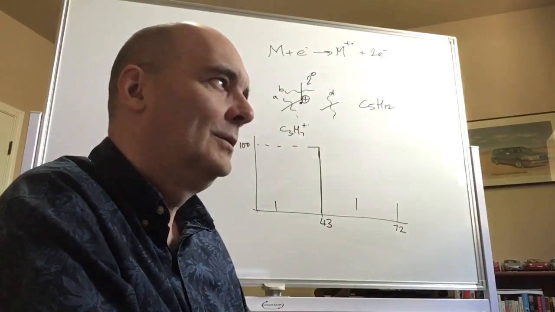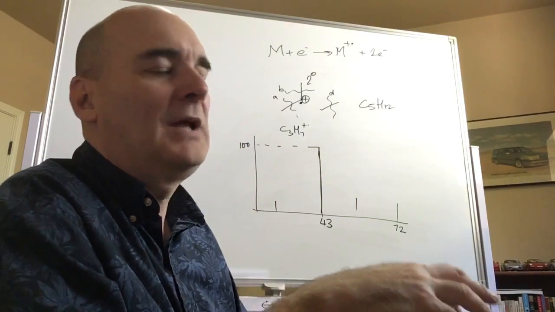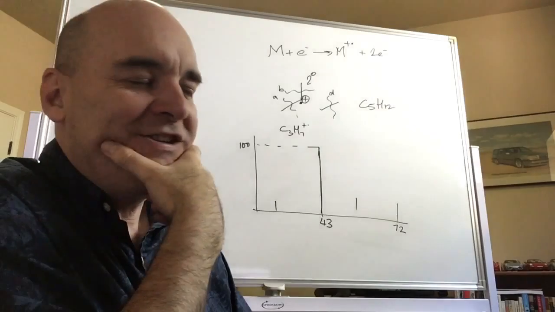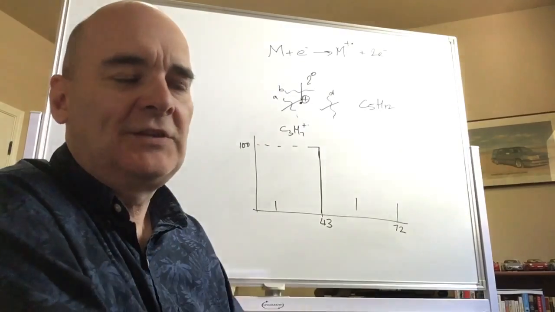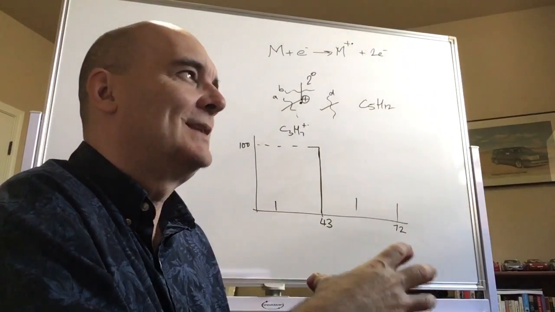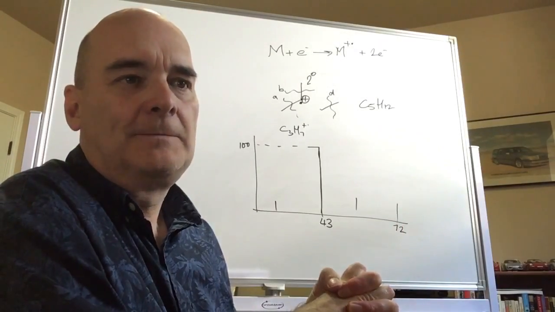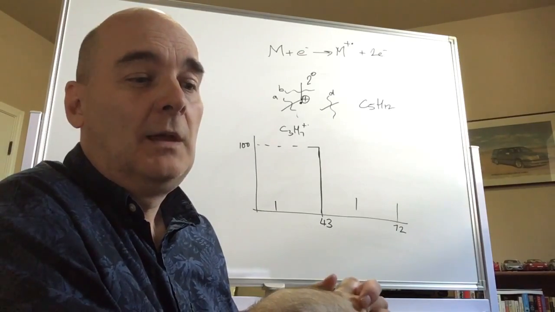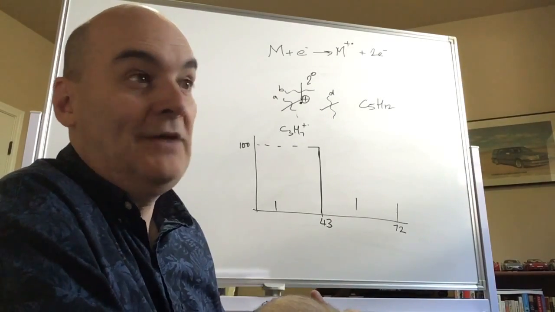There are people I know that would not dream about sitting down to interpret an NMR before they have calculated the IHD, the index of hydrogen deficiency, which is another way of saying the units of unsaturation. They wouldn't start to figure out what it is that they have until they knew, does my molecule contain a double bond? Does my molecule contain a ring? And that's great. But sometimes you don't know. And in fact, in research, you never know.